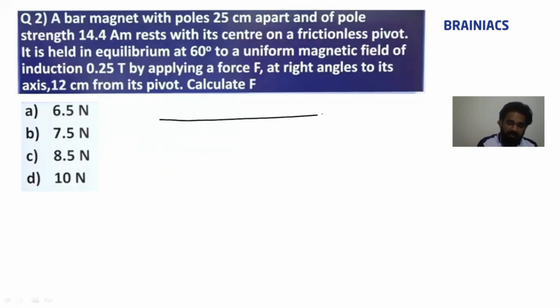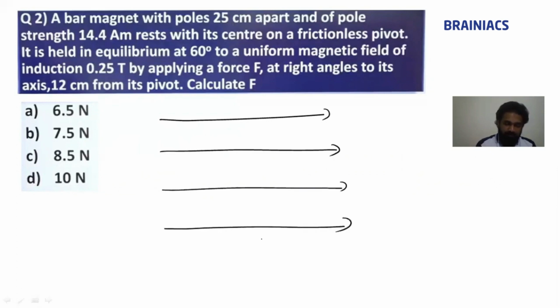Calculate the force. Suppose the magnetic field is present like this, then what they are saying is the bar magnet is held in equilibrium at 60-degree.